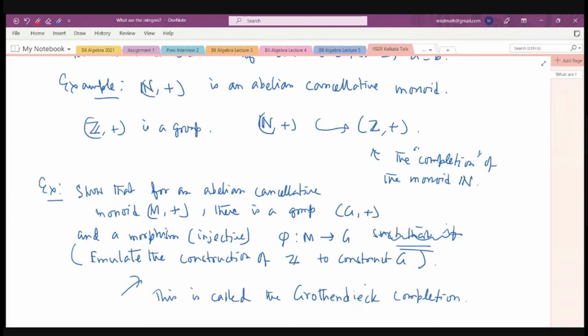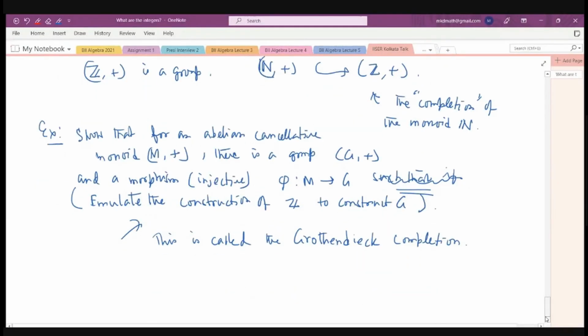Sir, can you give an example of something non-abelian? An example of something that is non-abelian. Yeah, if you read, say, group theory, you have non-abelian examples like GL2R.